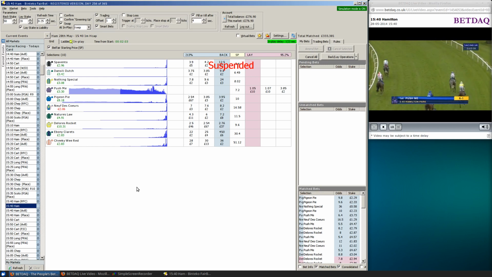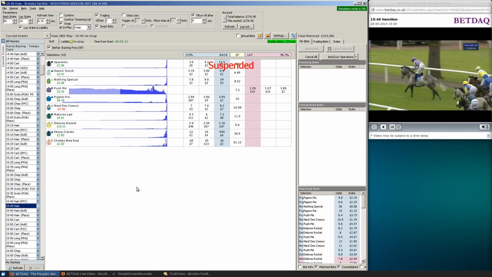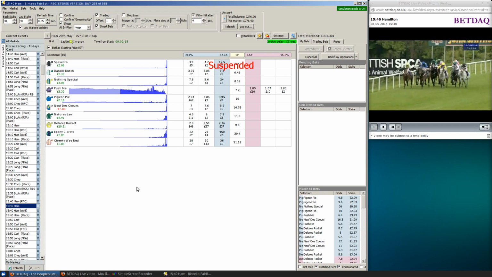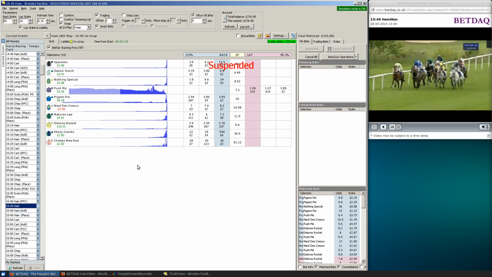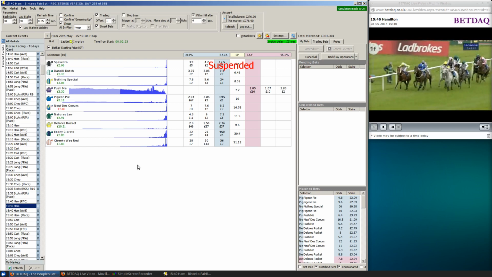So you have a situation where having a liability of your whole stake of £60 is lessened, which means that, at the very worst case scenario, you can trade out for less of a loss if you're in that situation.